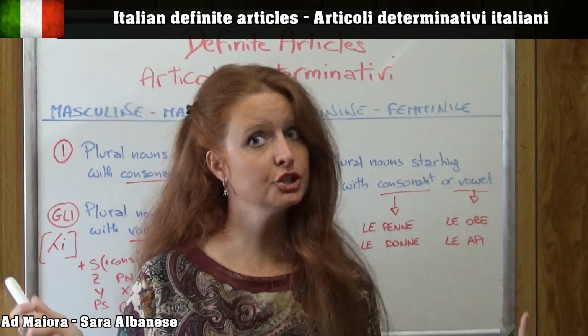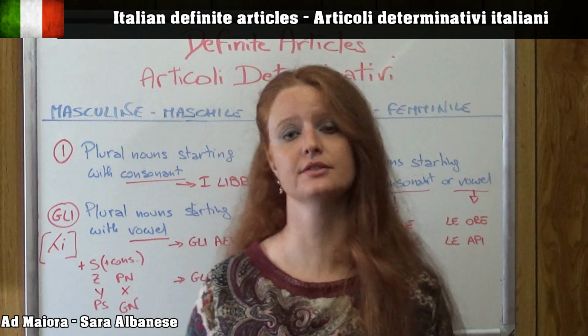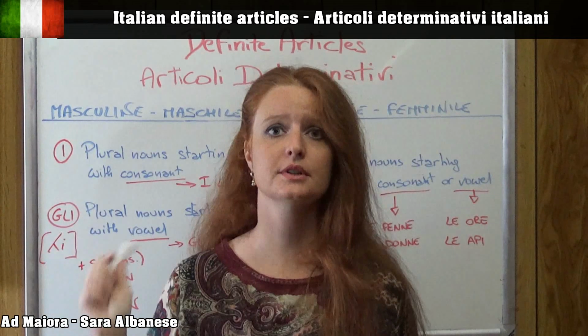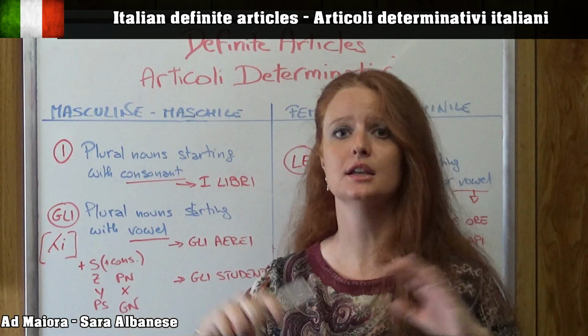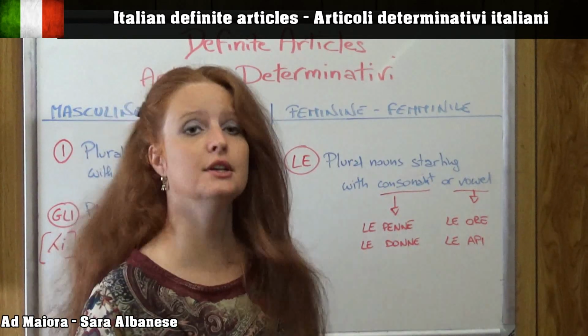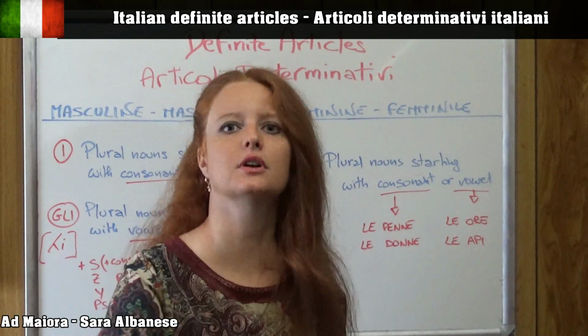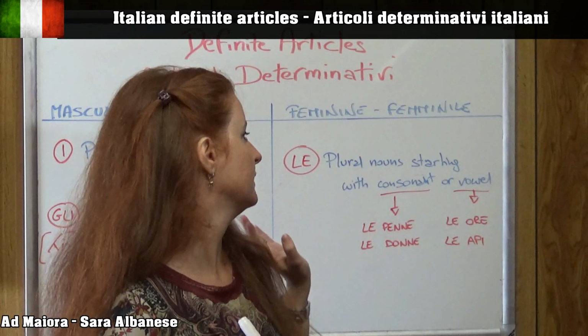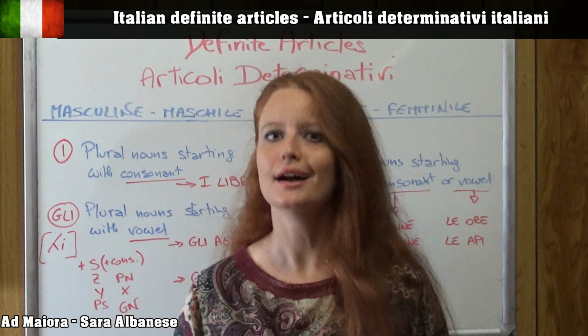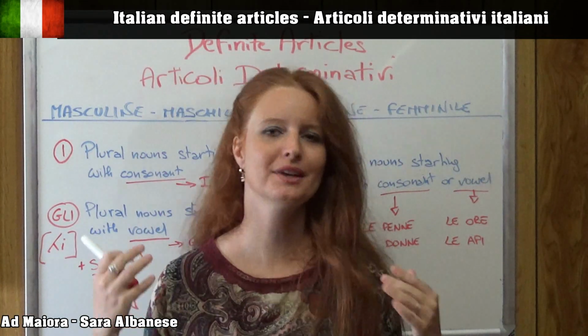For the plural version, you just have two possibilities, okay? For the masculine nouns, i when it starts with a consonant, and gli in all other cases, and just one possibility for feminine nouns. It doesn't matter whether they start with a consonant or a vowel. It's always le.